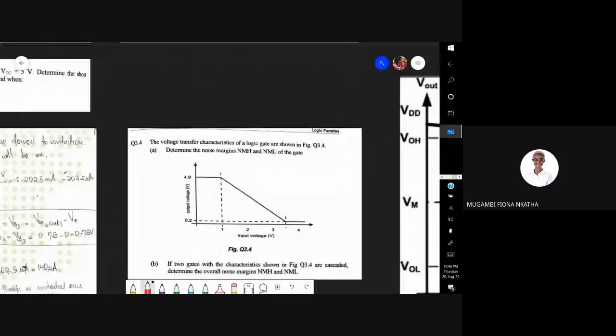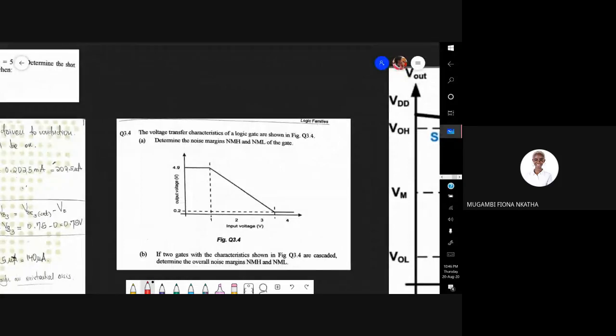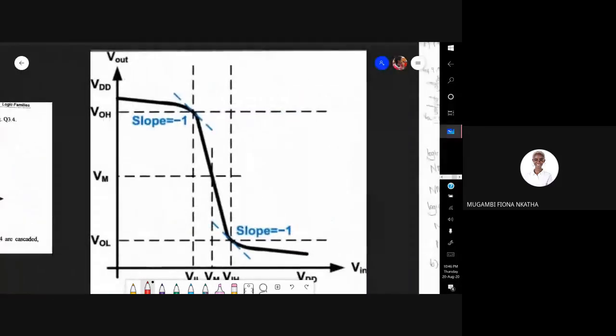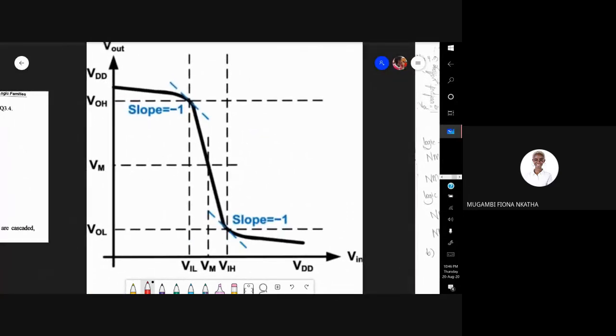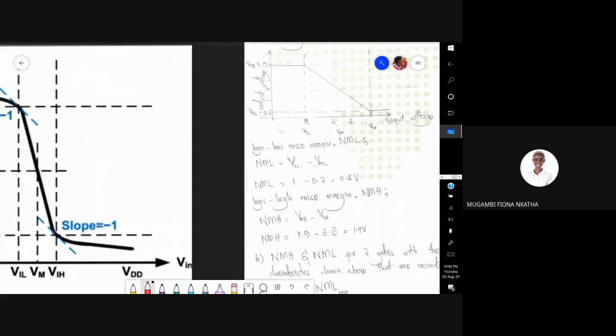Also, she asked about the noise margin question. The voltage transfer characteristic of our logic gate is in this diagram; determine the noise margins. We used this graph to get the noise margins, as you can see, the dotted lines. Noise margin low, for logic low, is VIL minus VOL, and noise margin for a high output is VOH minus VIH.